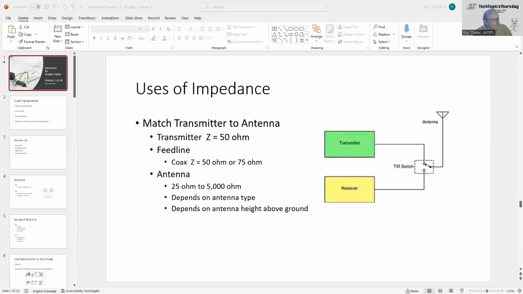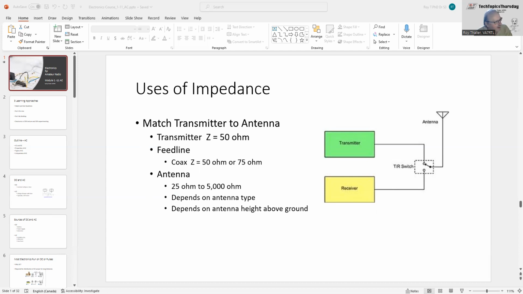So one of the things here is use of impedance is to match the antenna to the transmitter. Usually the transmitter or transceiver is at 50 ohms, and the antenna can be higher than 50 ohms or lower than 50 ohms. And then you have a transmission line in between them. The transmission line or feed line is usually 50 ohms also, but can be 75 ohms. 75 ohms was quite common for TV and also closed circuit TV.